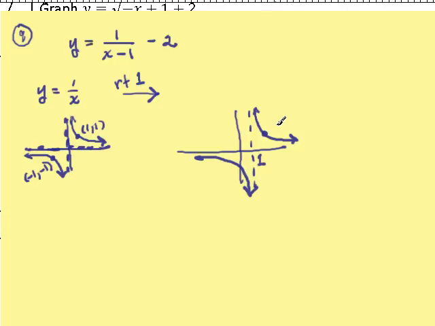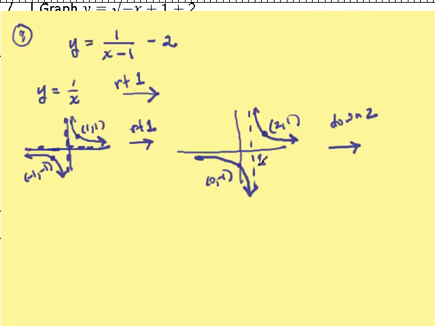This 1, 1, we add 1 to the x-coordinate and move to 2, 1. Here also add 1 to the x-coordinate, and this is now at 0, minus 1. So this is right 1. And now we're going to do down 2.